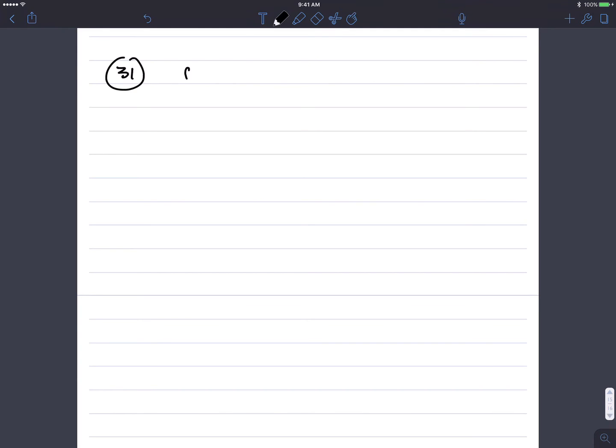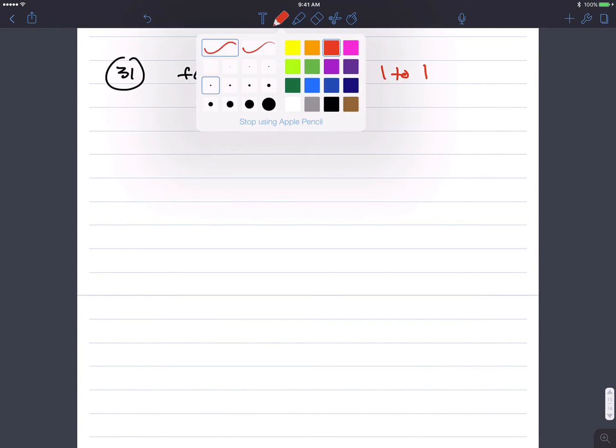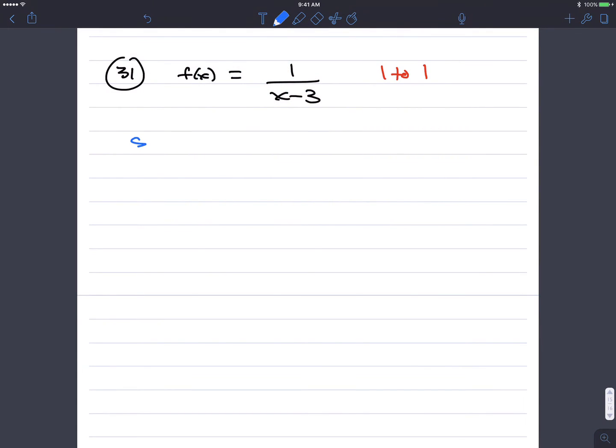31. f of x is 1 over x minus 3. A nice one-to-one function. We have to find the inverse. Follow your procedure. Step 1. y is 1 over x minus 3. Step number 2. Switch your x and y. x is 1 over y minus 3.